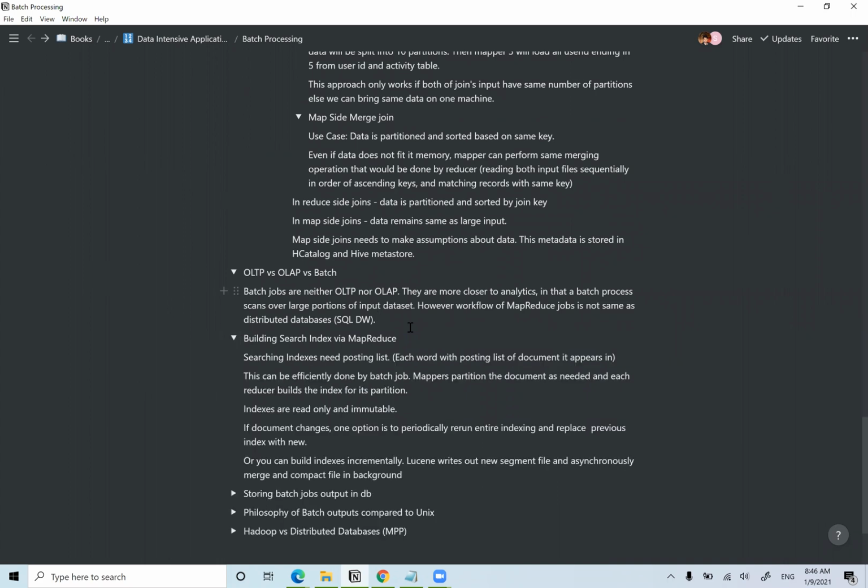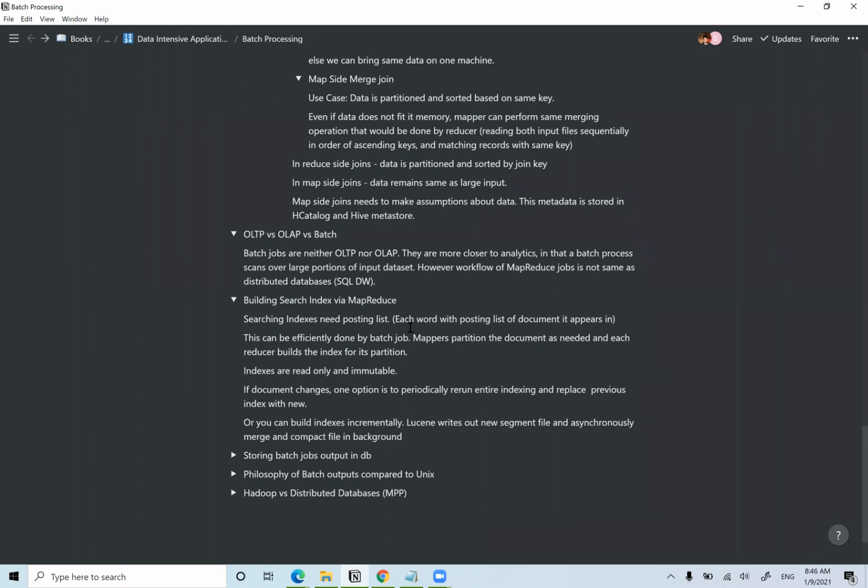I mean, there was a brief mention of how search indexes could be built by MapReduce, right? Basically, the fundamental idea behind building a search index is that you have your documents and those documents have words. Now for each word you create a posting list.